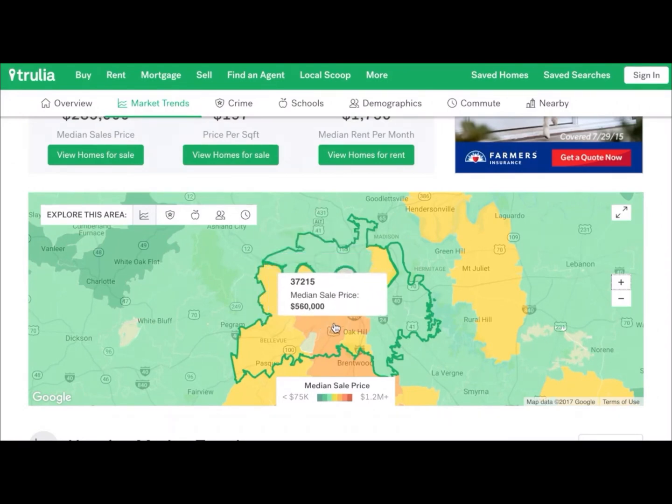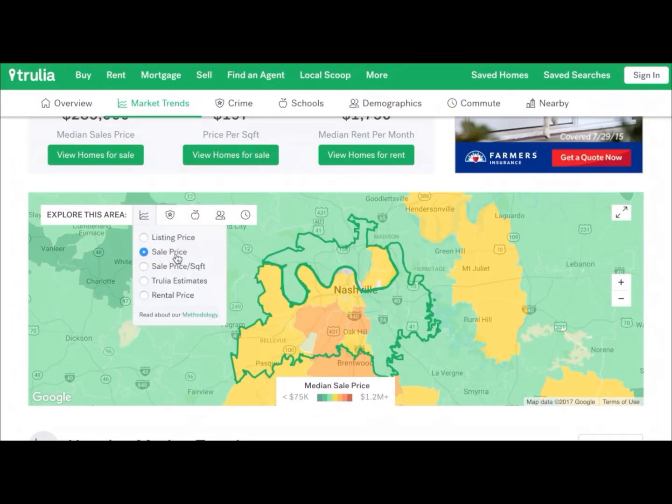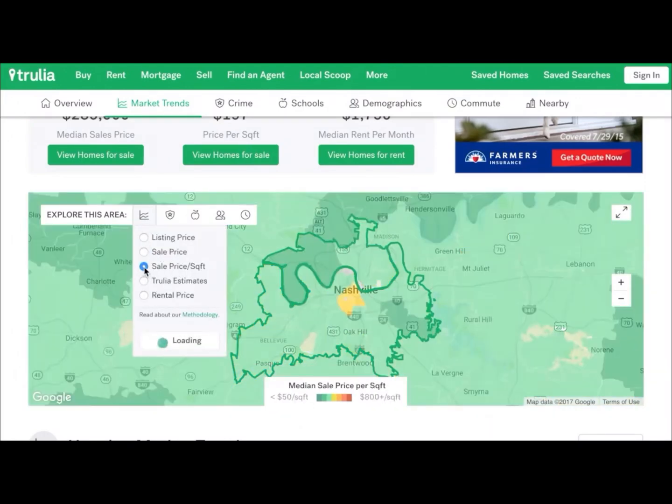So really anywhere here in the orange is going to be up there in the high numbers, because according to our heat map, that's how it works. So that's looking at the sale price. If I look at sale price per square foot, then it's going to give me the zip code and the price per square foot.